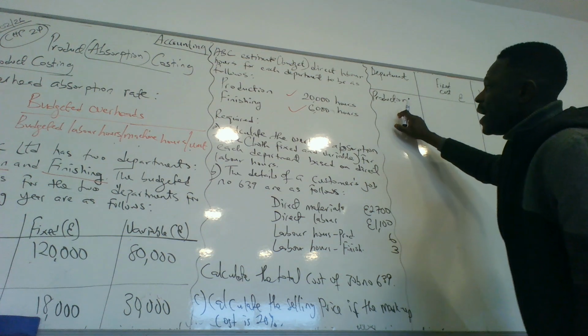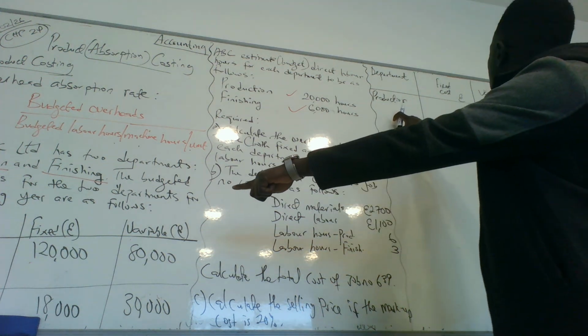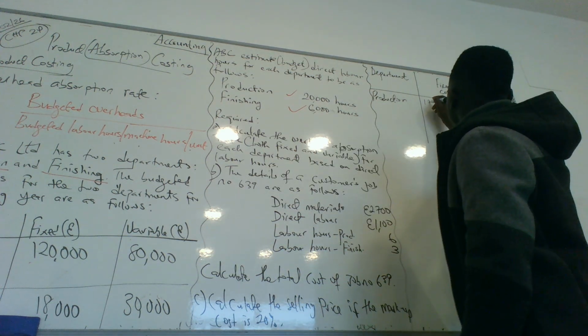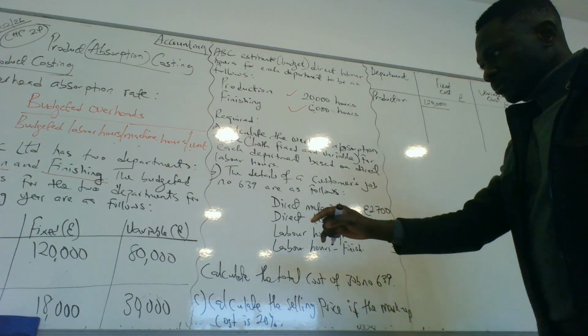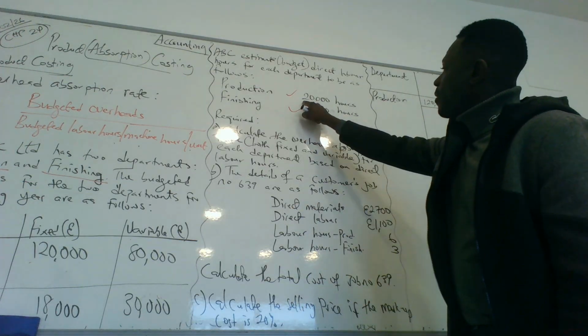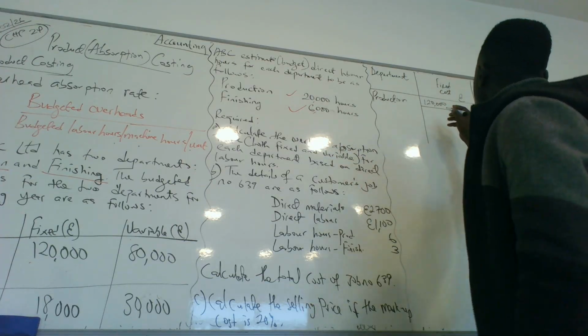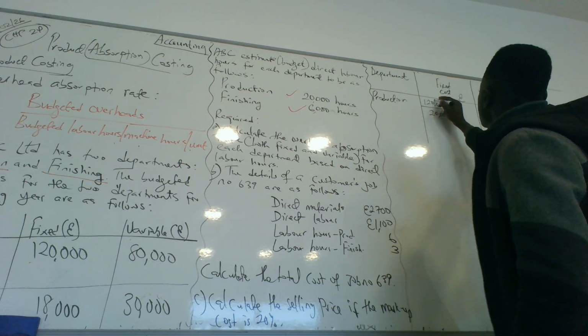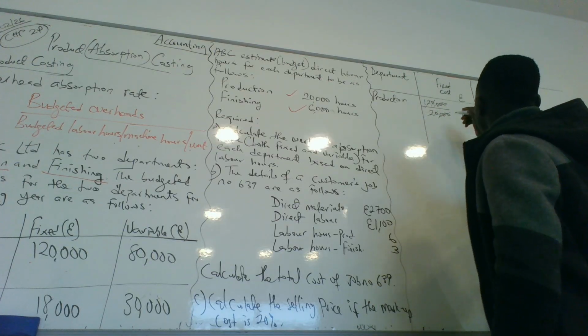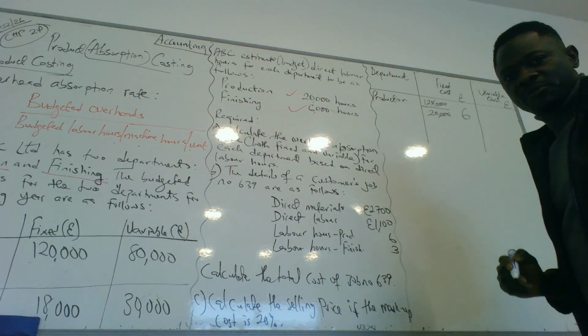Our budgeted overhead is 120,000 for fixed costs, so it's 120,000 divided by budgeted labor hours, which is 20,000. So that's 6 euros as the fixed cost rate.